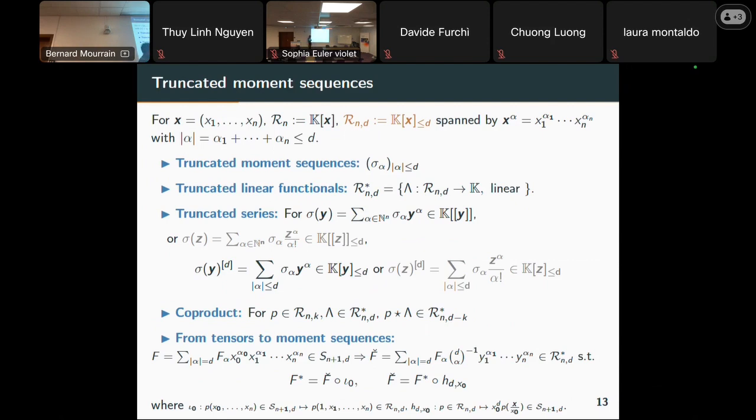And how do we go from the affine setting to the homogeneous or projective setting? We do homogenization.